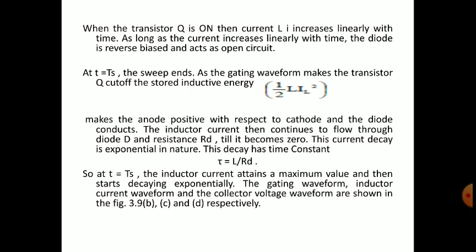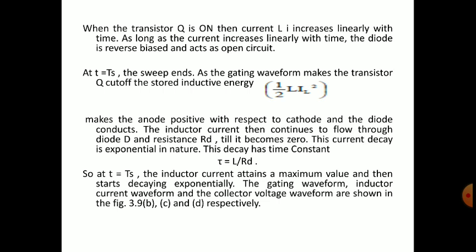At t equal to Ts, the storage time, the sweep ends as the gating waveform makes the transistor Q cut off. We have designed the storage time Ts such that during the linear storing of energy in the inductor, it will store the energy up to Ts.